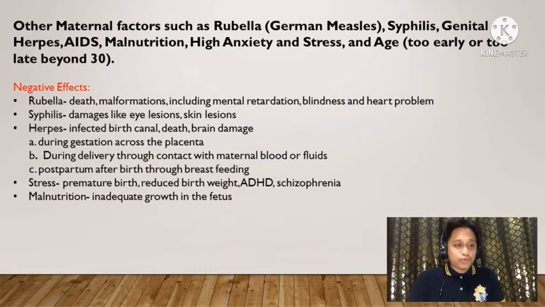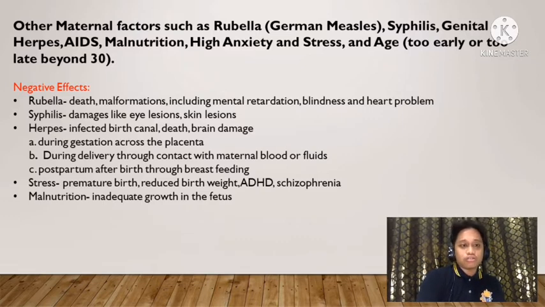Next, let us proceed to the other maternal factors such as rubella, the German measles, syphilis, genital herpes, AIDS, malnutrition, high anxiety and stress, and age. The negative effects of these, first, rubella: it could lead to death, malformations including mental retardation, blindness, and heart problems.